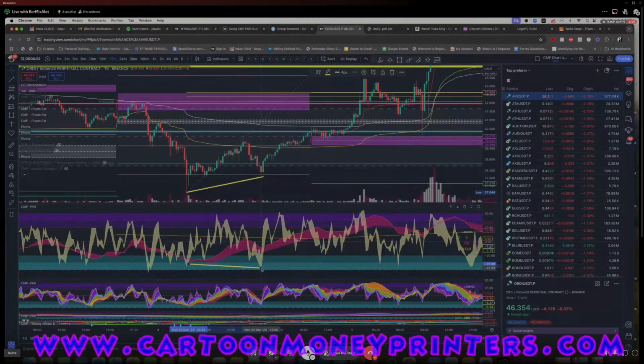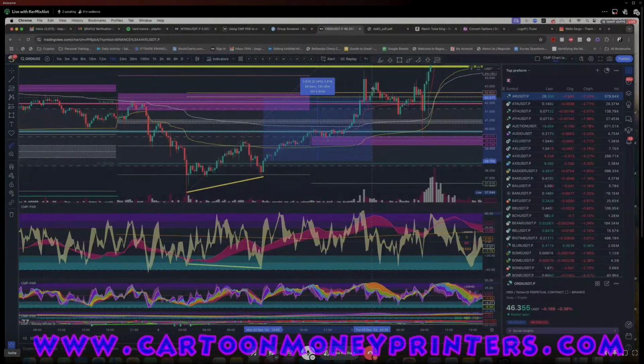And right here, the scalp ribbon made a lower point from back here. And the 1 and the 2 is in an uptrend, is it not? So, if you took it on the next candle at the very top, let's get the measure tool out. Boom. You had a 13.7% move, pretty much straight up.